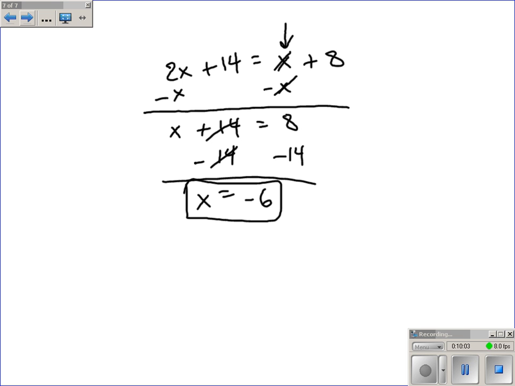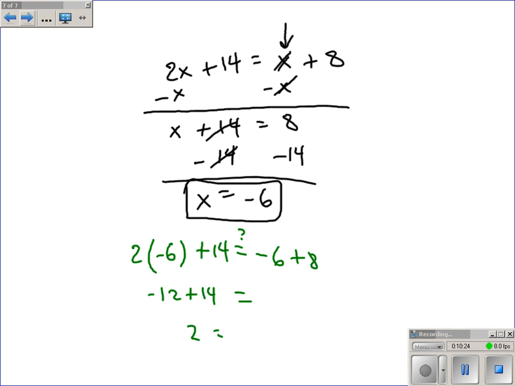To check my work, I will plug that back in. 2 times negative 6, whoops, plus 14 is equal to negative 6 plus 8. 2 times negative 6 is negative 12 plus 14. Negative 12 plus 14 is 2. Negative 6 plus 8 is 2, and so that works. And negative 6 is my answer.